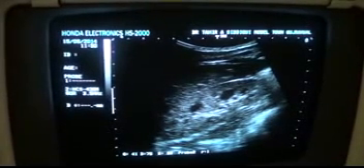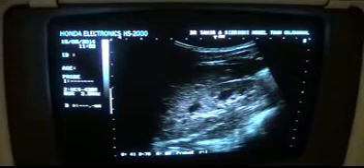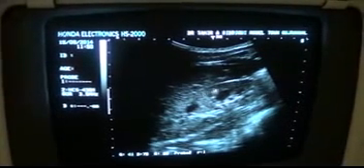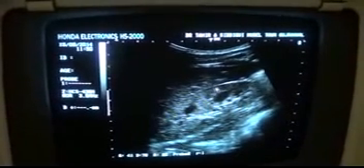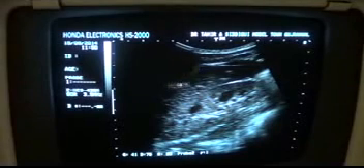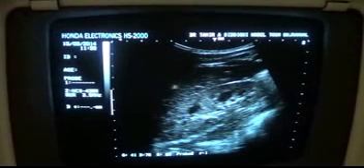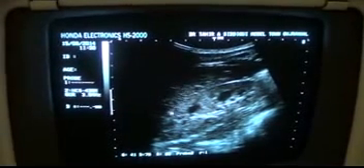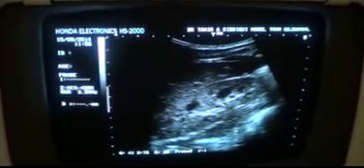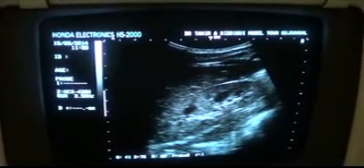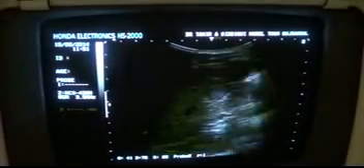Now this is opposite to that of the normal, in a sense that the normal is that the echogenicity of the cortex or the parenchyma of the kidney is either equal to that of the liver parenchyma or less than the liver parenchyma. In this case, you are seeing that the parenchymal echogenicity is raised, so this is a case of renal parenchymal disease.